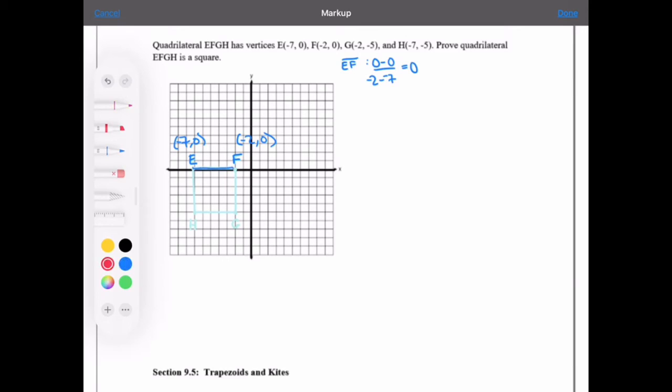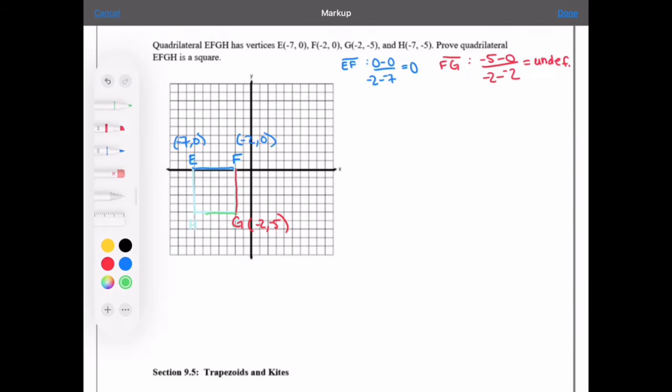So that was EF, so now let's do FG right here. This is G, which is -2, -5. So to do the slope of that segment, we will do FG, -5 minus 0 divided by -2 minus -2. And because we end up with 0 on the bottom, that is undefined.